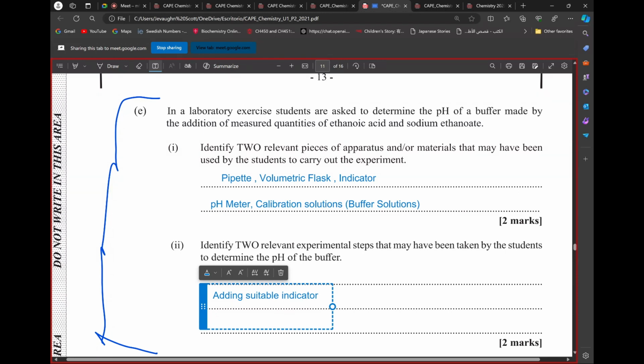Sir? Repeat what you're saying. I never heard you. So I was saying you could use the pipette to measure the volume of one of the reagents. Okay. So the use of the pipette though, I'm not sure. Two relevant steps, right?